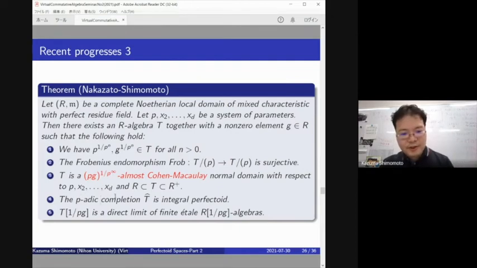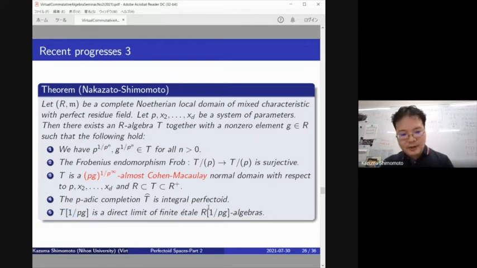The p-adic completion is integral perfectoid. And finally, this T is quite a huge extension, however, but somehow small because R is Noetherian, and T[1/pg], so you localize at pg, is a direct limit of finite étale algebras localized at pg.